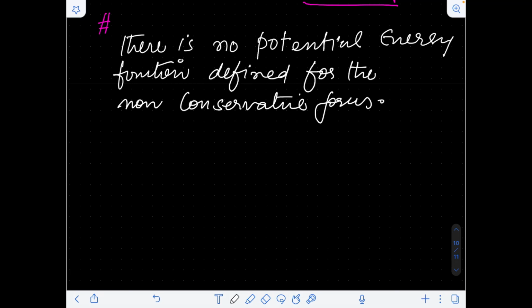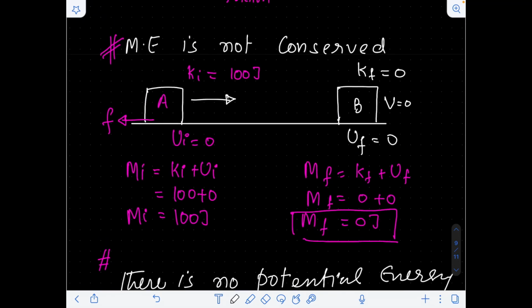But here, once the kinetic energy decreases, that decrease is not stored in the form of potential energy under non-conservative forces. We have seen this example here, as the kinetic energy of the object decreases when it moves from A to B.